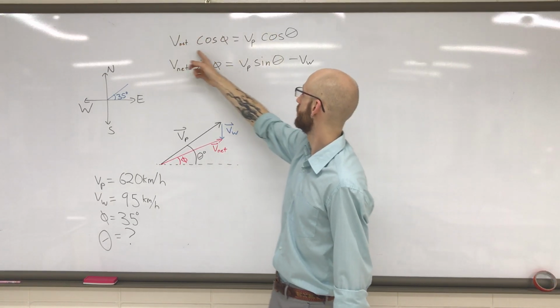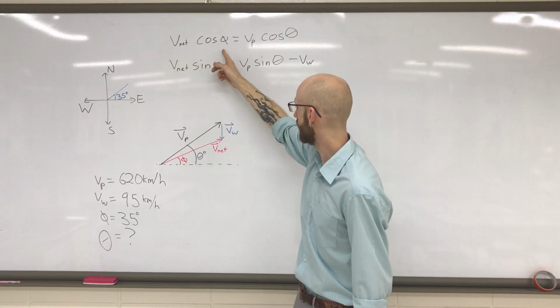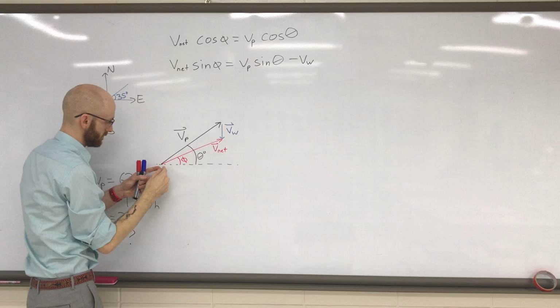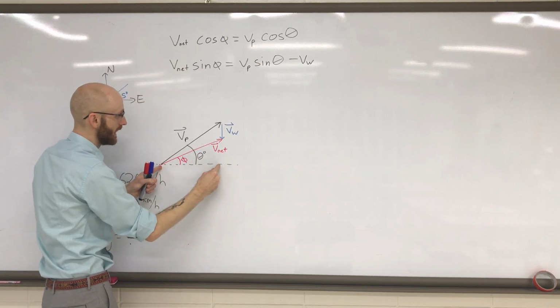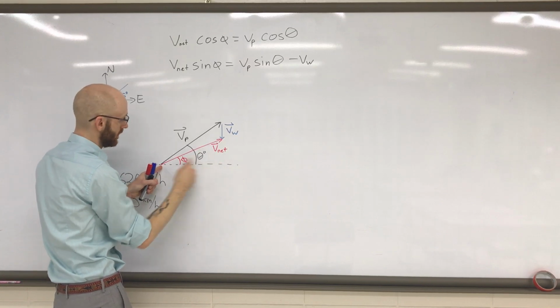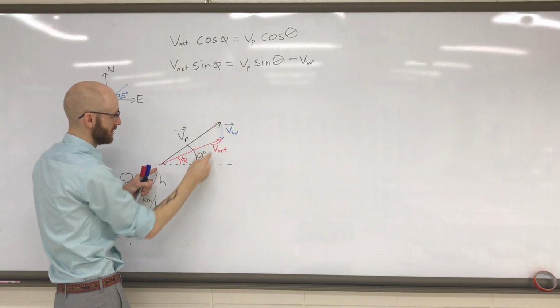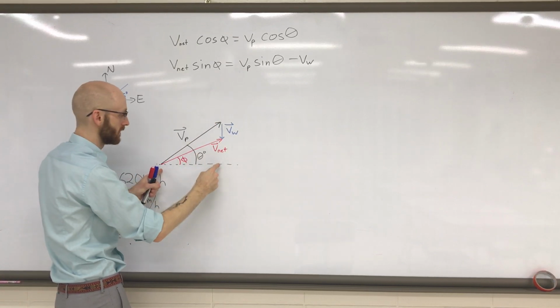If we look at this equation here, this v net cosine phi represents the x component of this v net vector. And if we look at that x component of the net velocity, it all comes from the plane, because the wind doesn't have any x component.